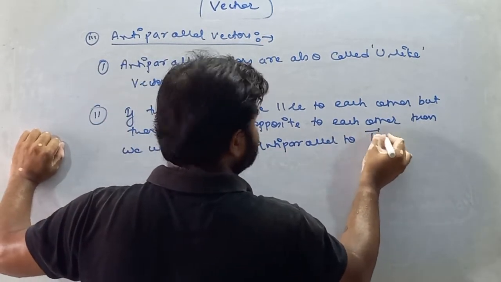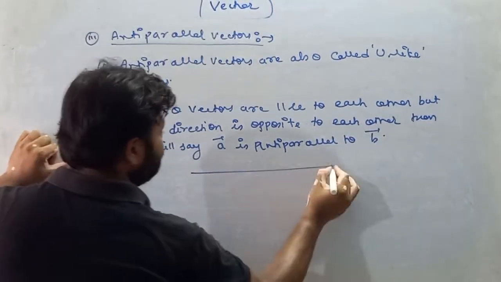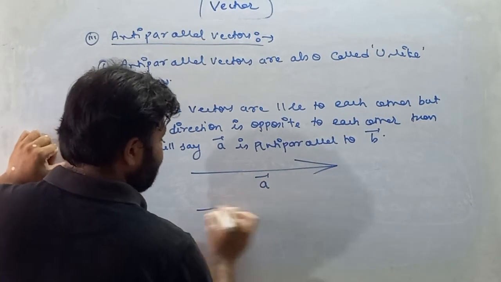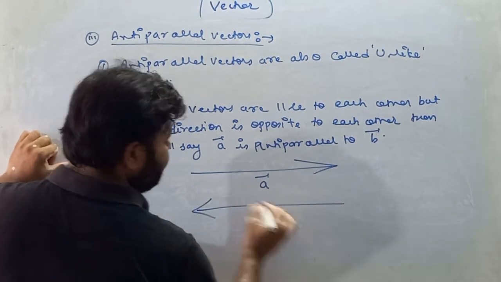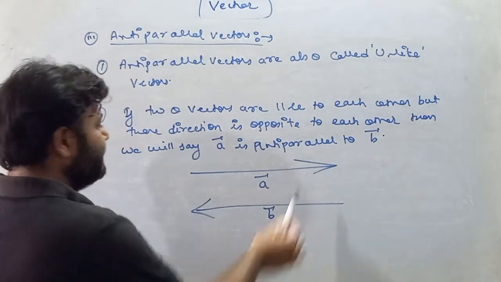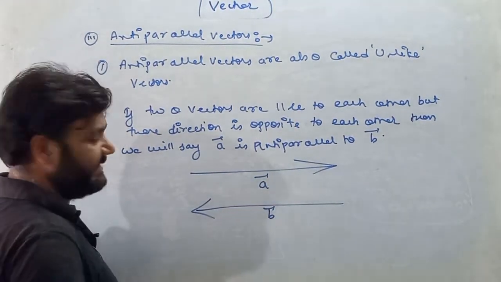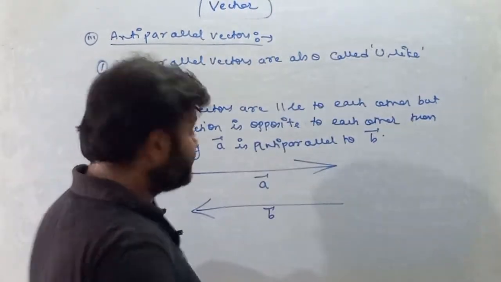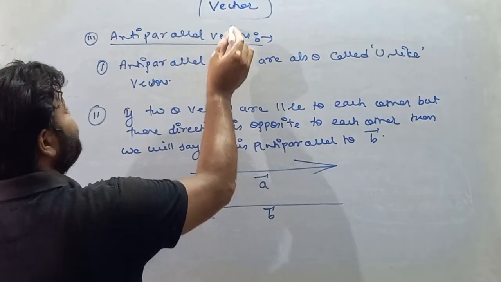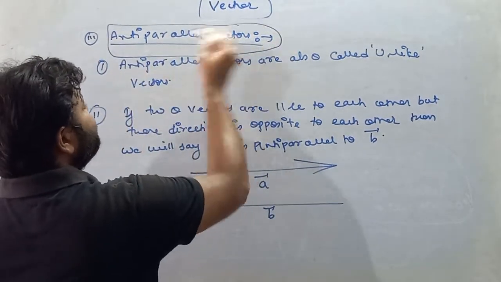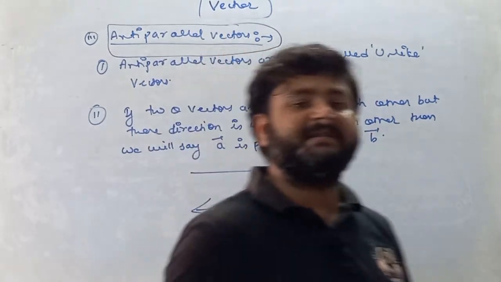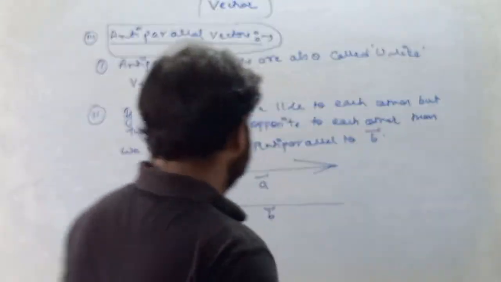to b vector. So my dear student, let's suppose we have a vector and another vector is b vector. Now you are seeing here that the direction of both the vectors is different but they are parallel to each other. So we'll say a vector and b vector are anti-parallel vectors, or we can say anti-parallel to each other.